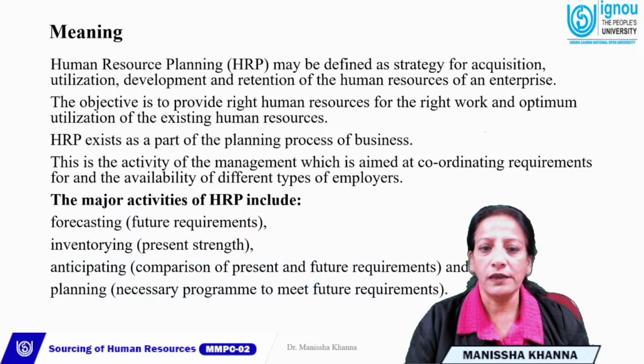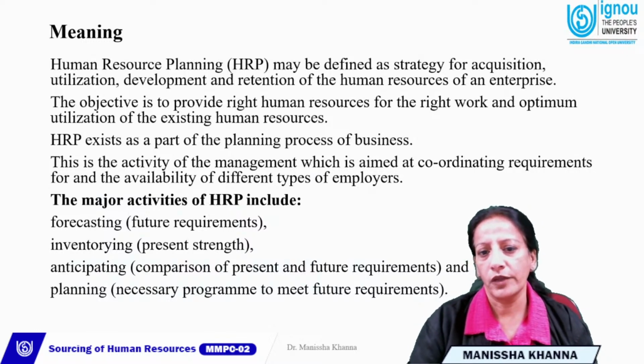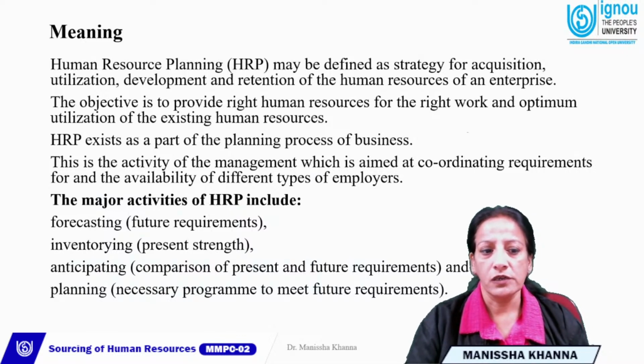Human resource planning is basically a planning process of the entire business, because the business is run by the workforce only. The activity of management which is aimed at coordinating requirements and the availability of different types of employees. The major activities of human resource planning include forecasting, inventorying, anticipating, and planning.